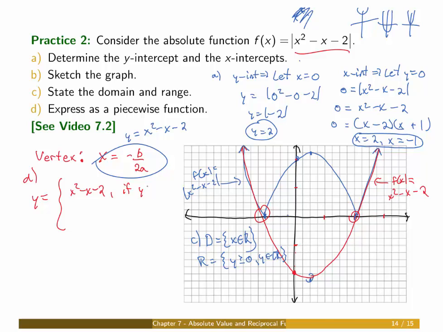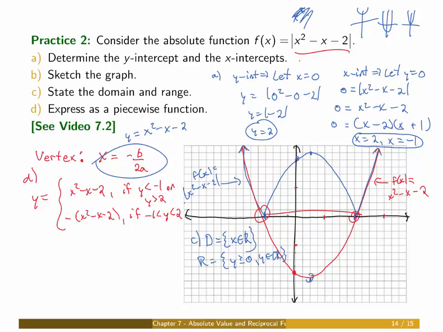So whenever x is less than negative 1, or x is greater than 2, then it's positive x squared minus x minus 2. Otherwise it's negative x squared minus x minus 2. You need that bracket, remember, because it distributes in. If we have negative 1 is less than x is less than 2. Okay? That's how you express this as a piecewise function.